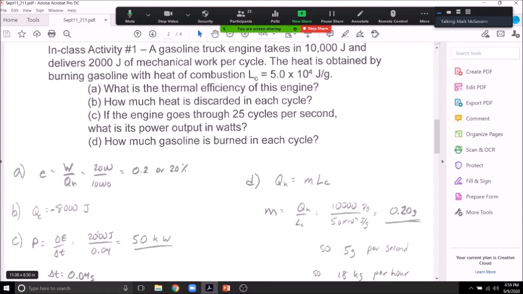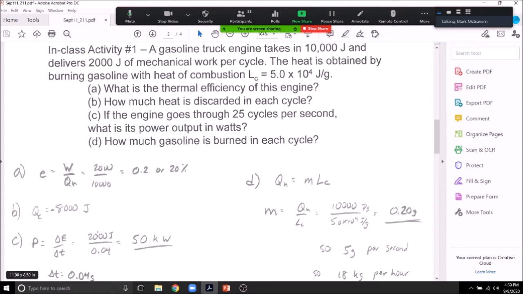How much gasoline is burned in each cycle? This is a latent heat problem, right? Latent heat, where we're taking our liquid and converting it into a gas. And so we want to work out for the amount of heat that it takes in, how much mass is actually being burned here.